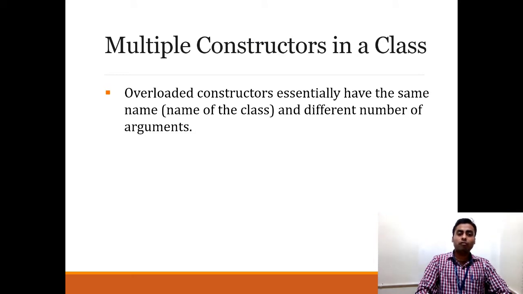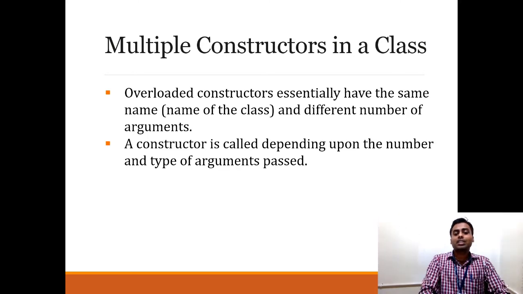Within the same program we use a default constructor and different parameterized constructors. All the constructors will have the same name as the class name, but they will behave differently. That is called multiple constructors in a class. A constructor is called depending upon the number and type of arguments passed to it.